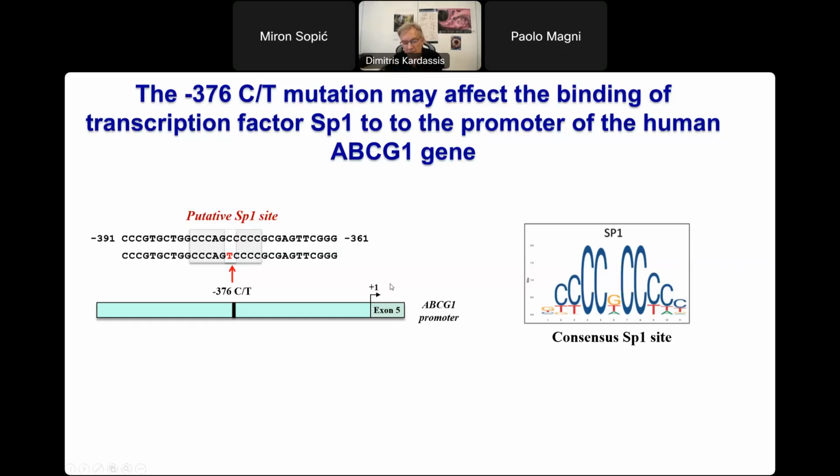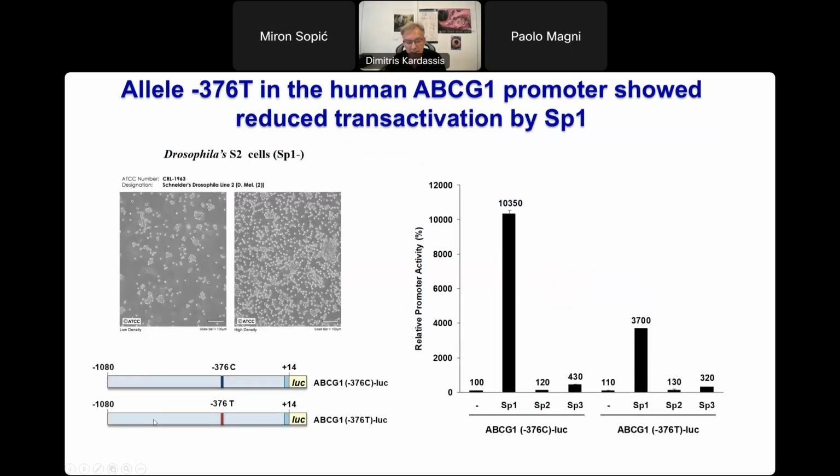So then after we cloned the promoter, we mutagenized this C to T. So we made two constructs, which are shown here, the C allele and the T allele. And we did transfections, as I explained, in cells. Now, the cells that we chose were not chosen randomly.